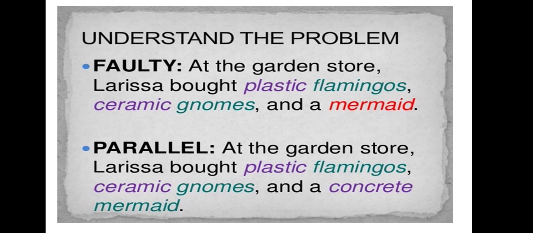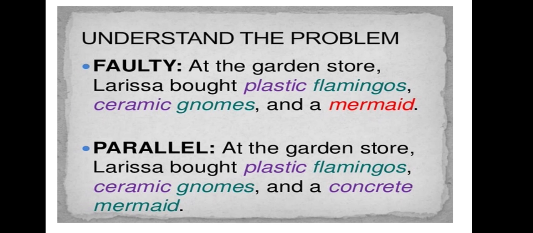And then the mistake here is the mermaid. So the parallel example would be: at the garden store, Larissa bought plastic flamingos, ceramic gnomes, and a concrete mermaid.